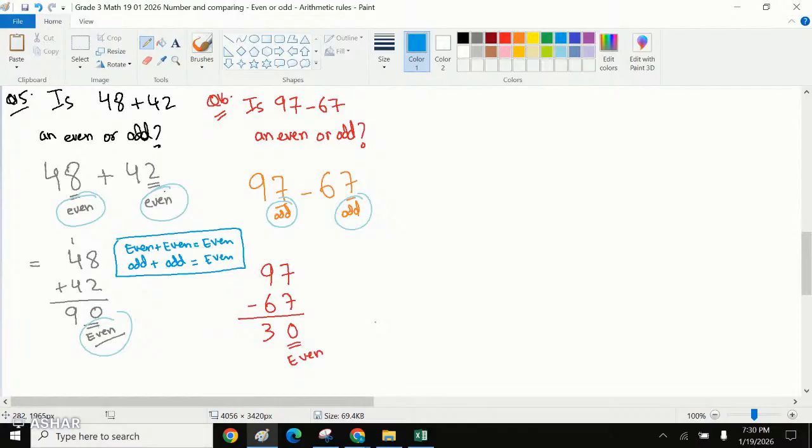So what we were saying was, is the answer of 97 minus 67 even or odd? Even though 97 and 67 are odd numbers, they themselves are odd numbers, but the result will be even.